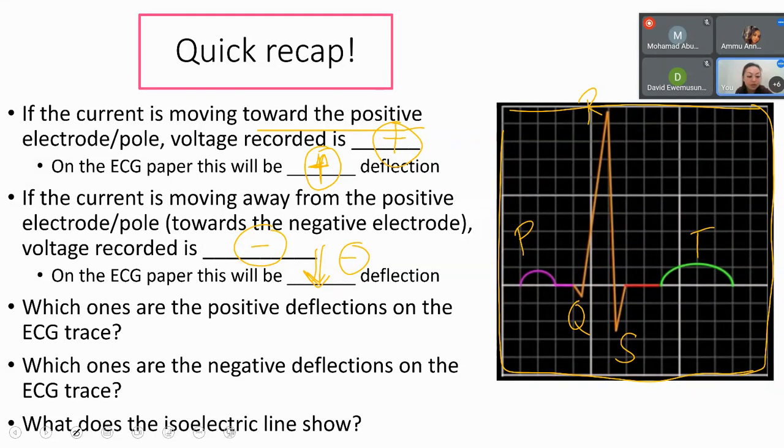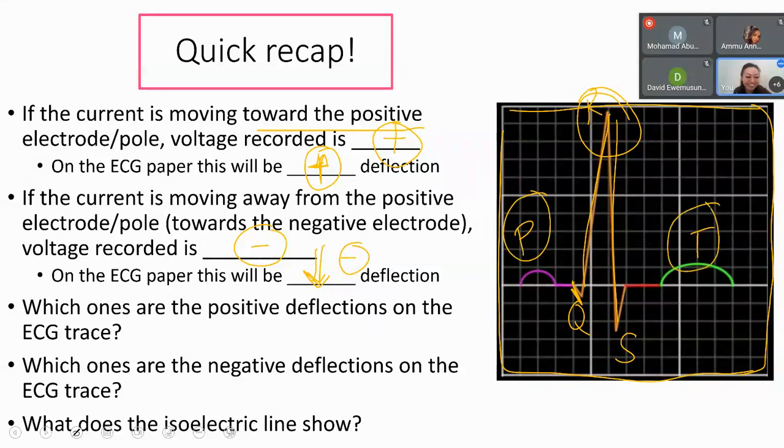Just say R, because the positive one is R. Q is that little bit, R is the positive, and S is the negative. How about other positive deflections? P and T, yes.